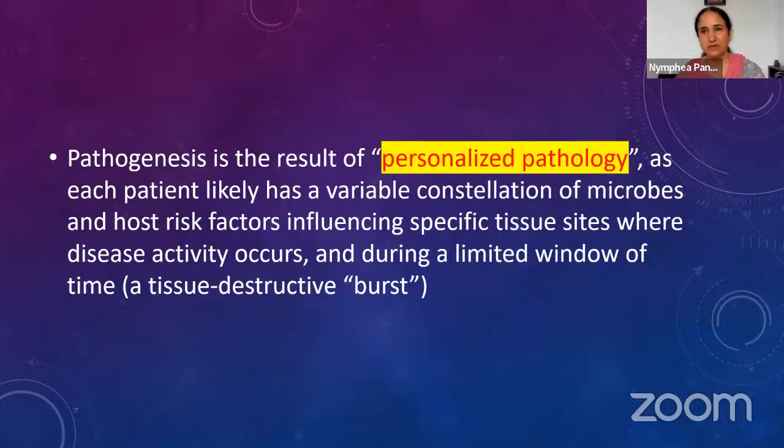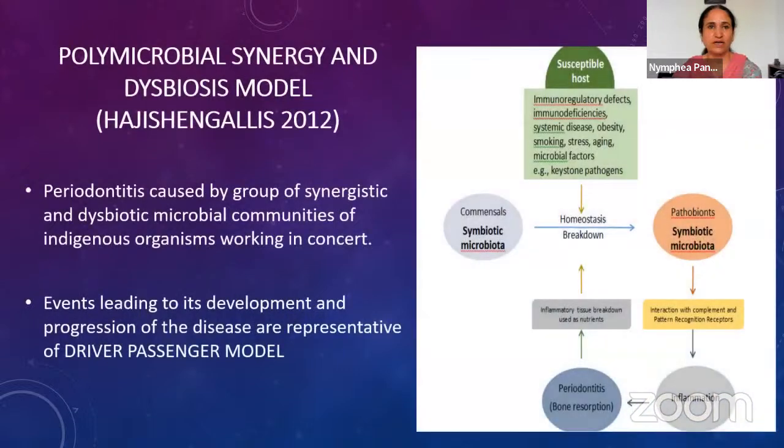That is, bacteria are almost the same in all people, but personalized pathology relates to the variation in other factors that contribute to the pathogenesis of these diseases. Also, there is a limited time when you can take the sample, so we may not be sure whether we are taking the sample exactly at that time. Bleeding on probing is one of the objective signs, but it may not be present exactly when we are taking the samples. This is always a dynamic process.